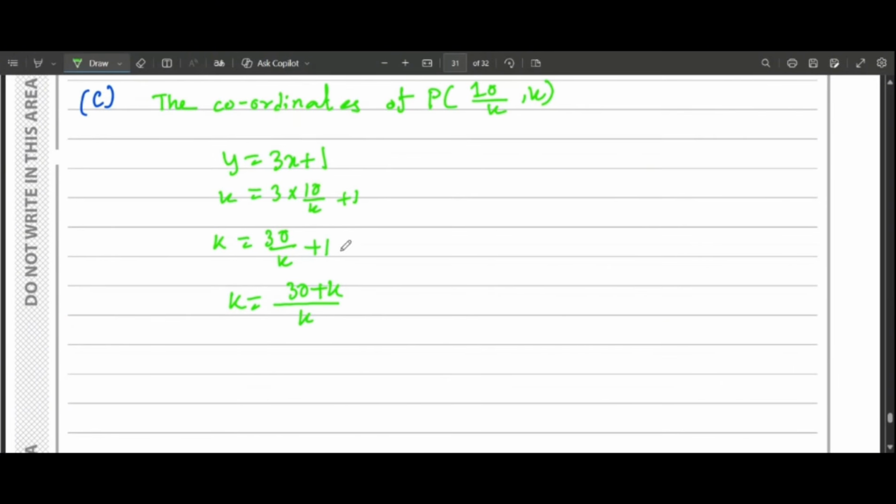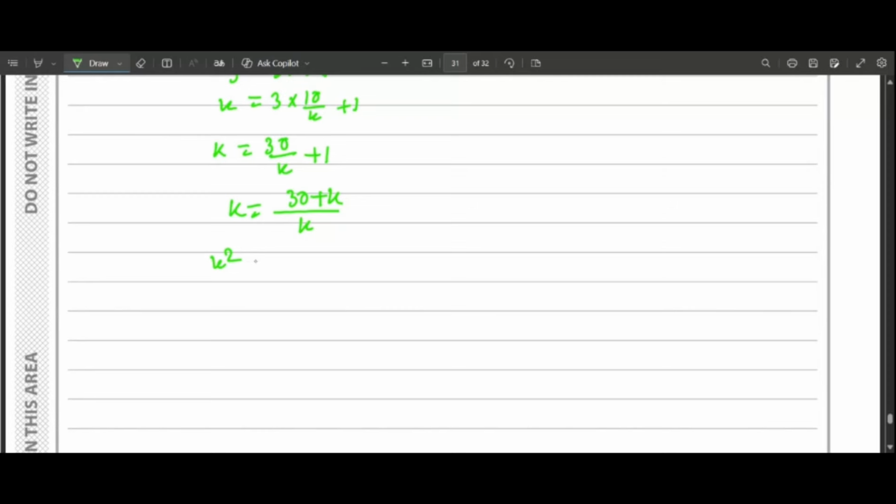So k equals 30 by k plus 1, and k equals 30 plus k by k, and this will give us k square minus k minus 30 equals 0.